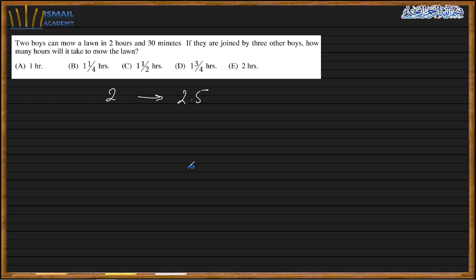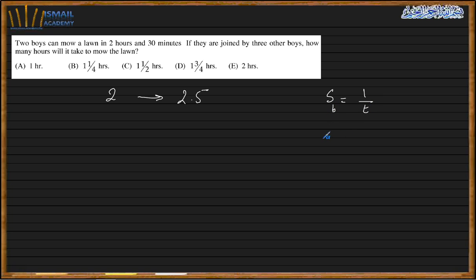Let me explain to you how to deal with this type of question. We know that each boy has a speed, but in this problem we assume all the boys have the same speed. That means the speed to mow the whole lawn is 1 over t, because I have 1 lawn and the time spent by a boy.